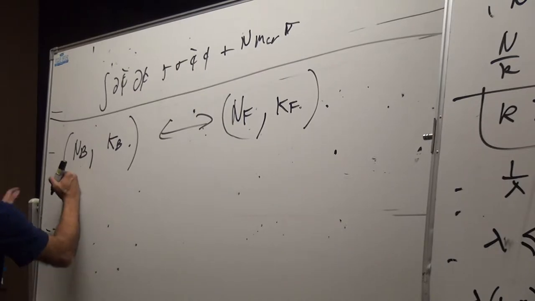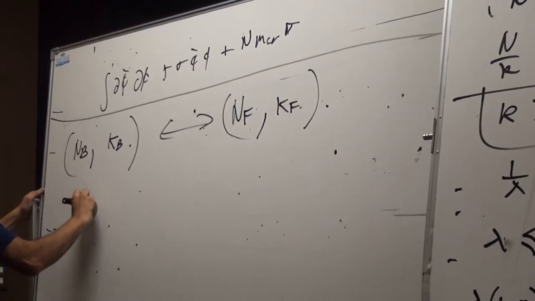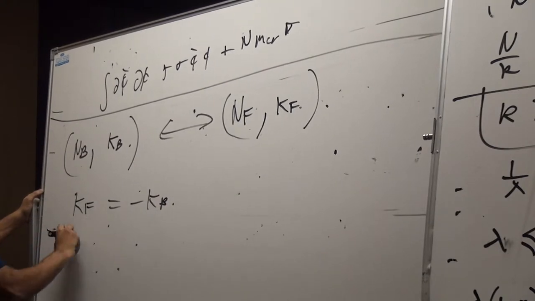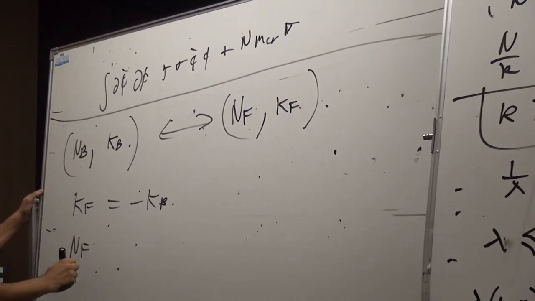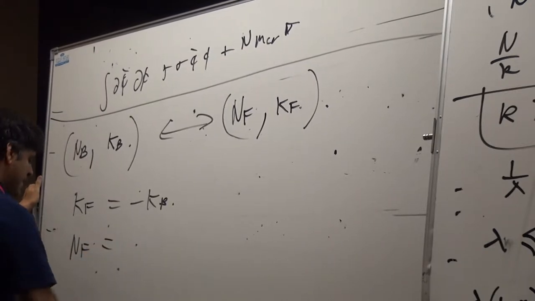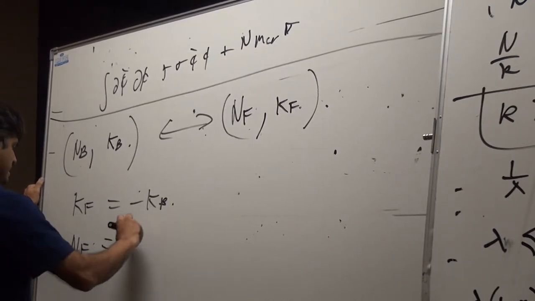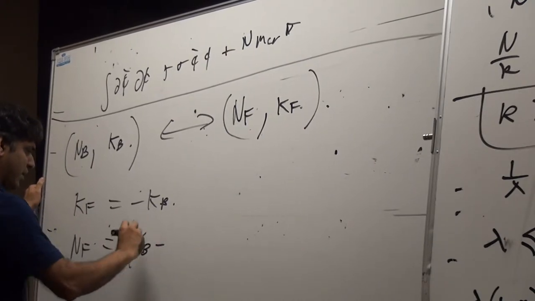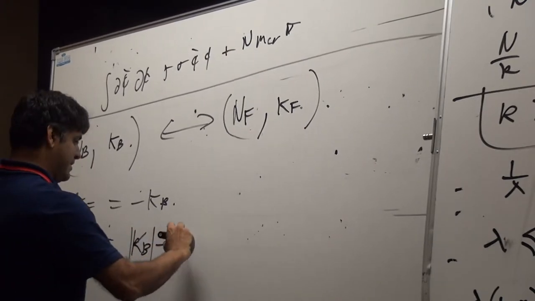And the duality relation is kappa F is equal to minus kappa boson, and NF is kappa boson mod kappa boson minus N boson.